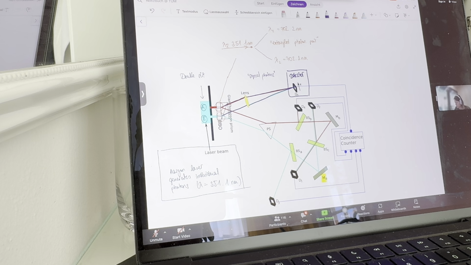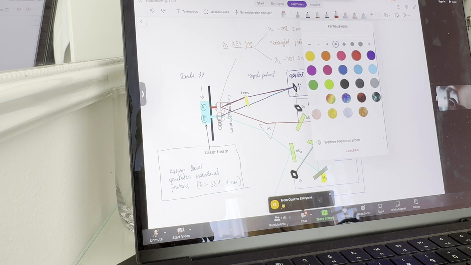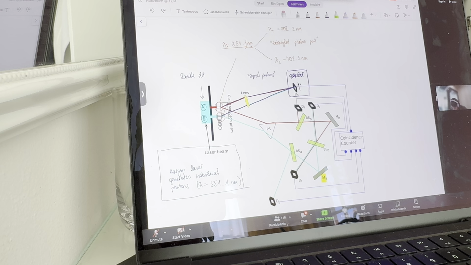So the two lower photons we call the idler photons. Maybe green. I would sketch it a little bit here for the first path. These idler photons are used in order to subtract information, or possible information, about the path of the signal photons. Okay?